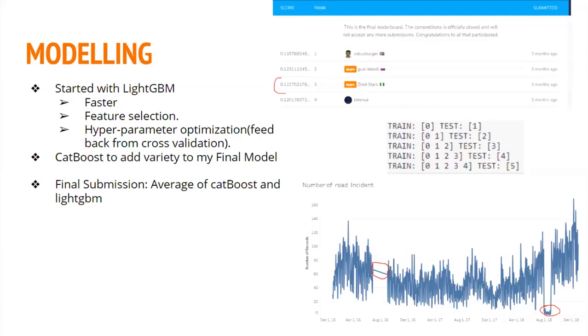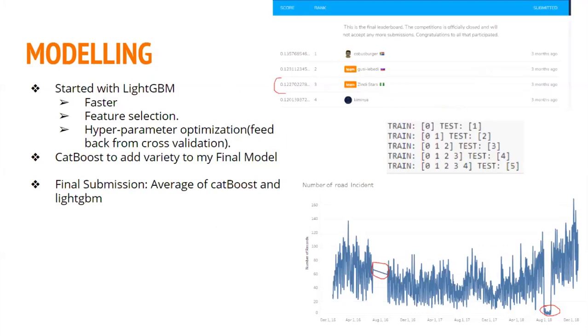So hyperparameter tuning was based on the feedback we had from our local validation, that is from our cross-validation score. The only hyperparameters we really tuned were the maximum depth and the subsample.